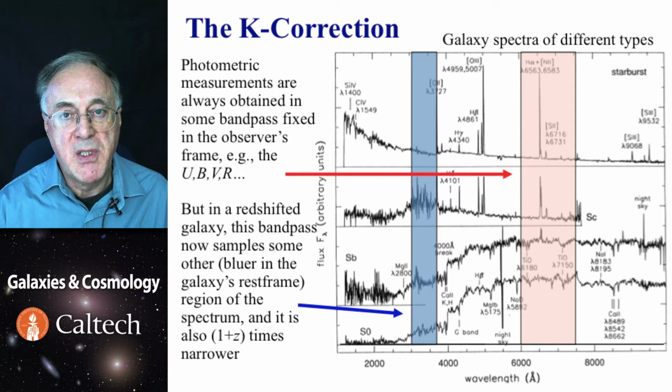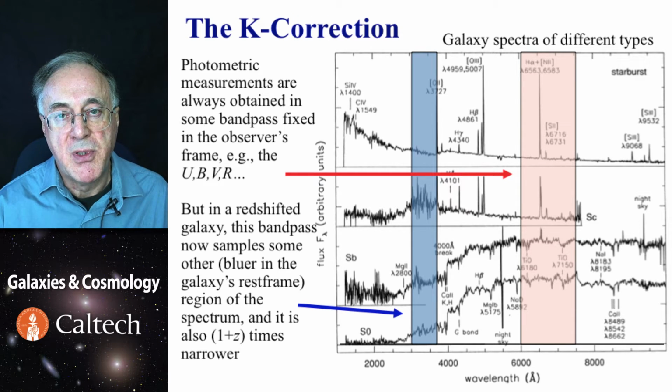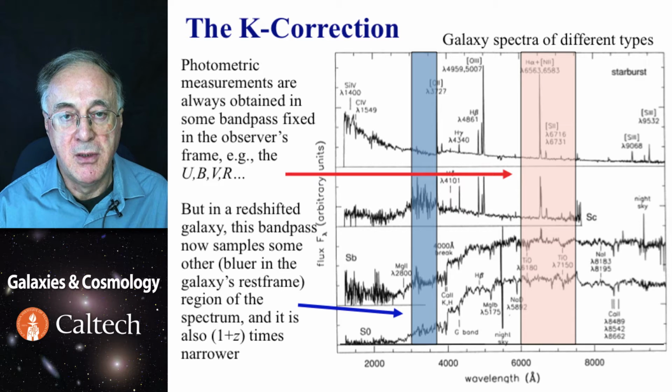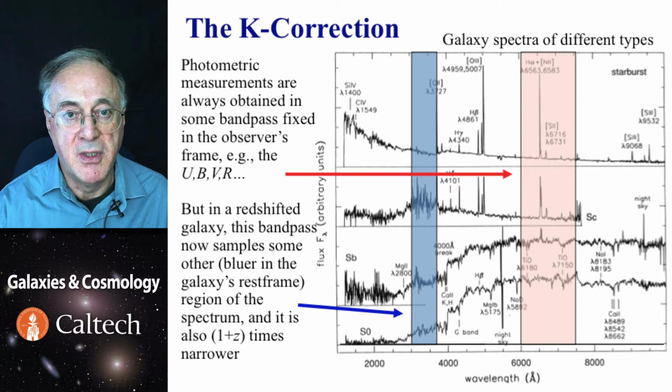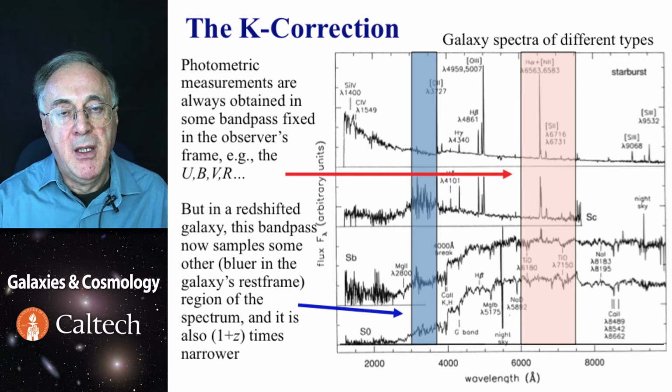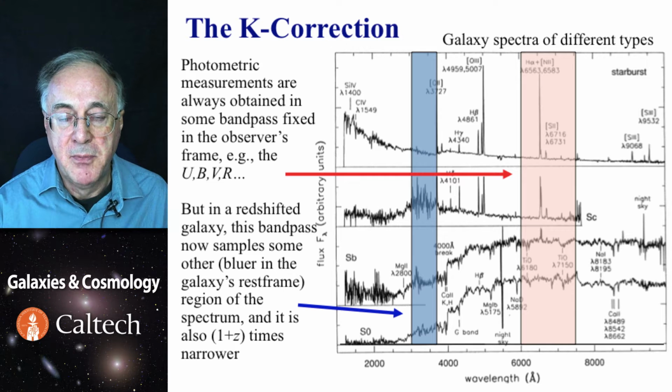But if you observe them, say, at a redshift of 1, then the wavelength shifts by a factor of 2, and so does the width of the filter. So you're sampling a completely different part of the spectrum of the galaxy and not in quite the same width of the measurement. That has to be compensated for because galaxies do have different spectra.